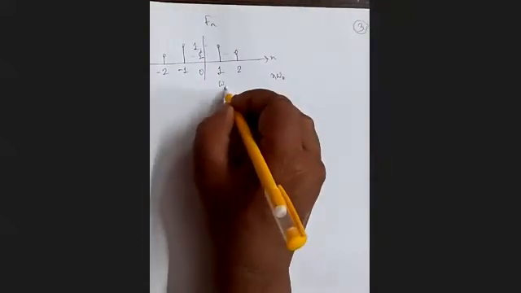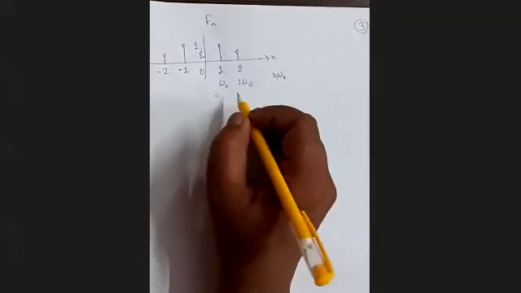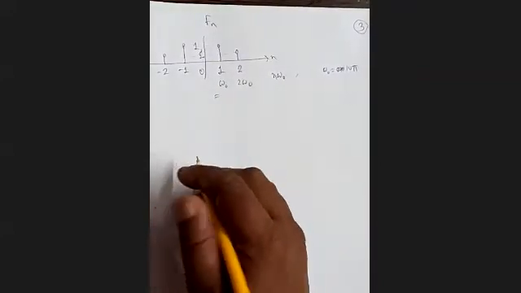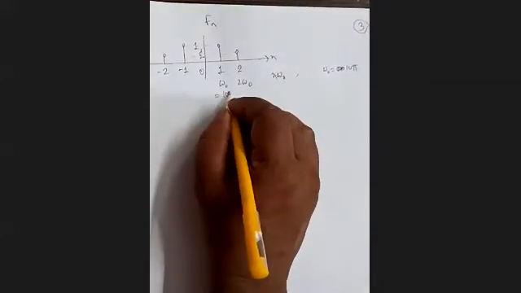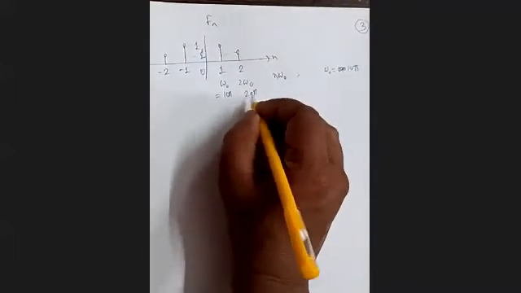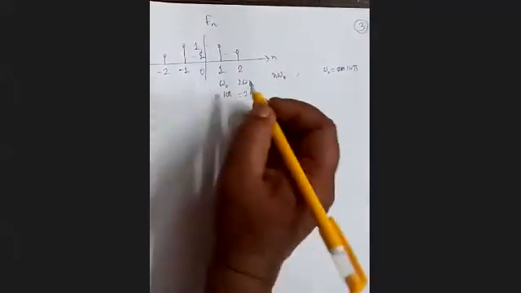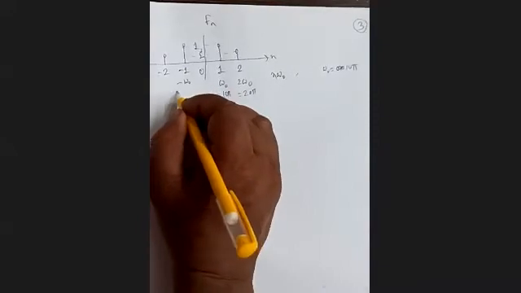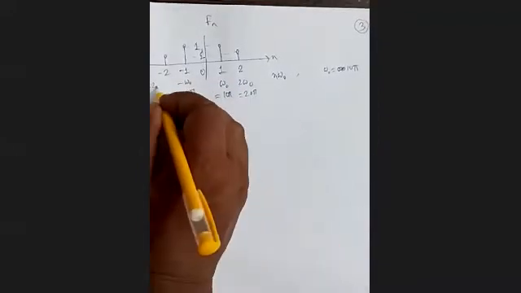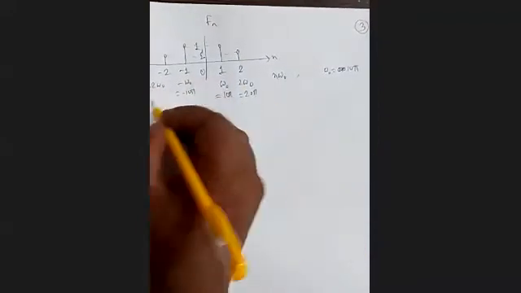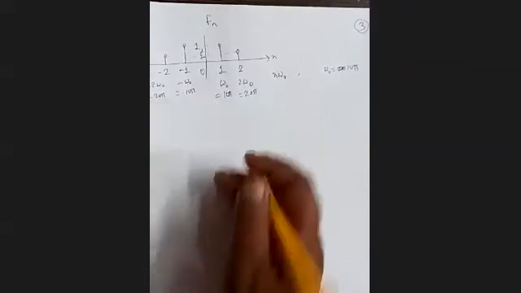It is omega 0 to omega 0. Our omega 0 is 10 pi already. So it is 10 pi. It is 20 pi to omega 0. This is minus omega 0 or minus 10 pi, minus 2 omega 0 or minus 20 pi.